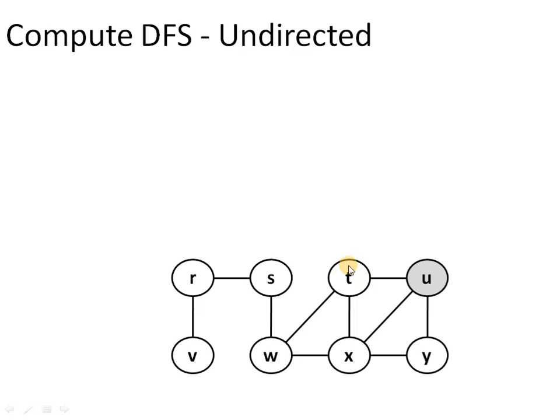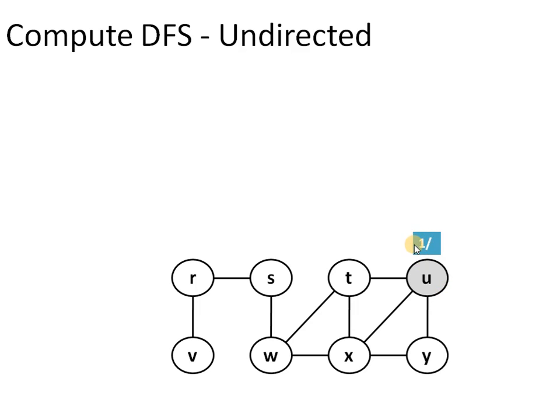In order to maintain these timestamps corresponding to each vertex, pictorially we are going to make use of a fraction where the numerator will give us the discovery time, that is D, and the denominator will give us the finish time, that is F. So basically we will write D/F for each and every vertex. So this is the graph, and let's say we started with the timestamp value and we have chosen the vertex U as the starting vertex. So we will mark the discovery time of this U as 1.